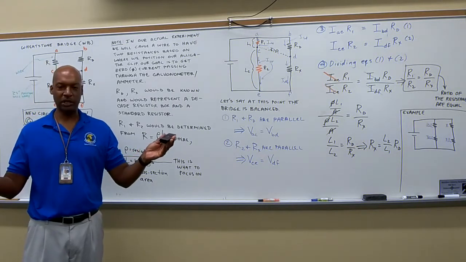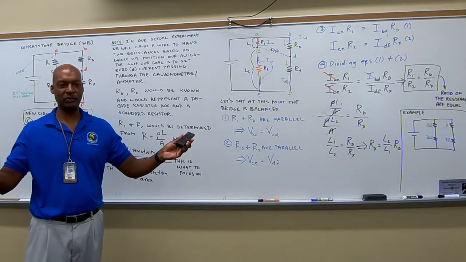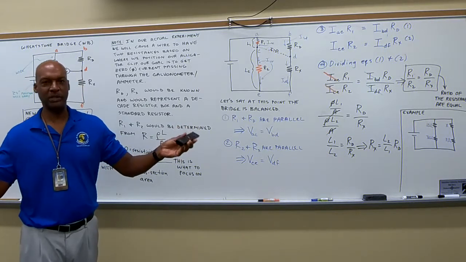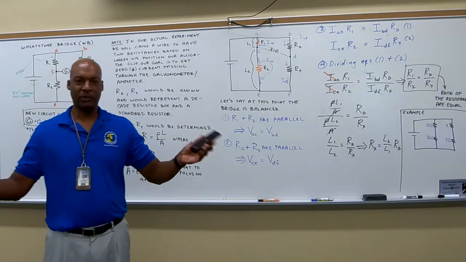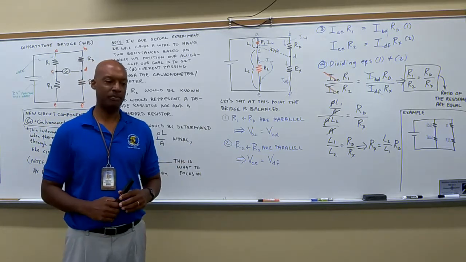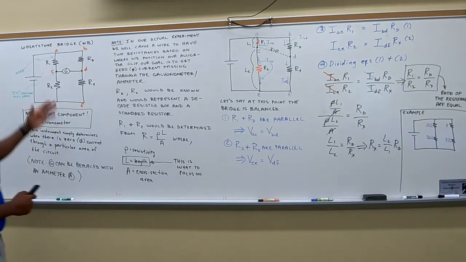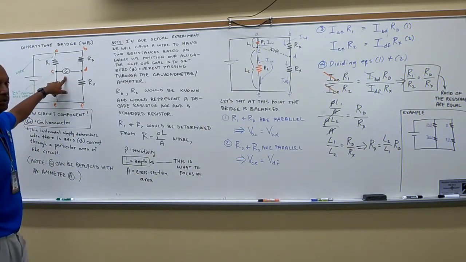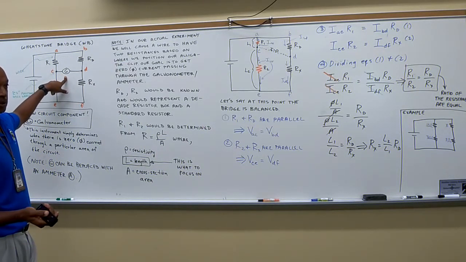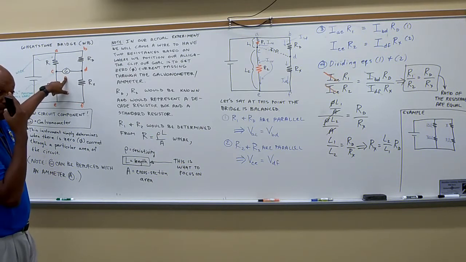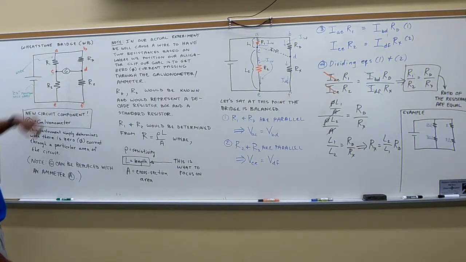Once you get one mass on one side and the other side to be the same mass, we have basically something that we're looking for. And in this situation, when the needle reads 0, it's what we're looking for. We want the current to be equal to 0.